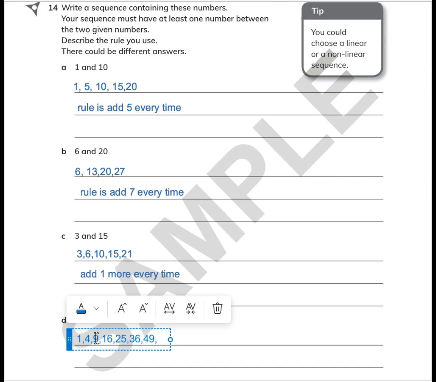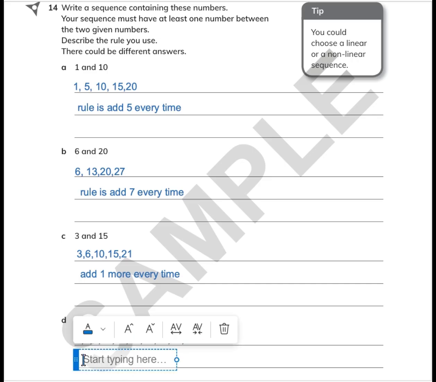Eighth number, square of 8, 64. Ninth number, square of 9, 81. Tenth number, square of 10, 100. Okay, so here we will write the term to term rule: multiply each counting number by itself.